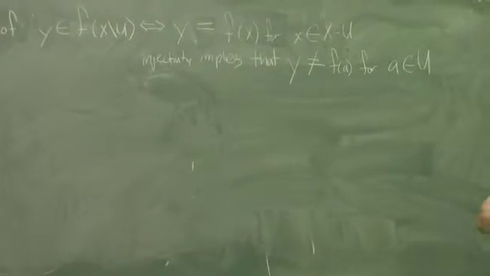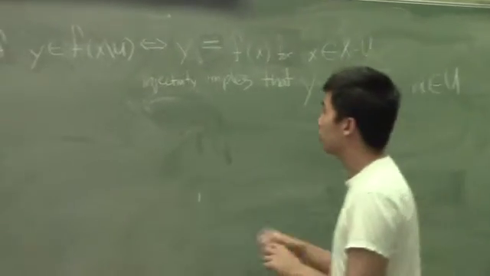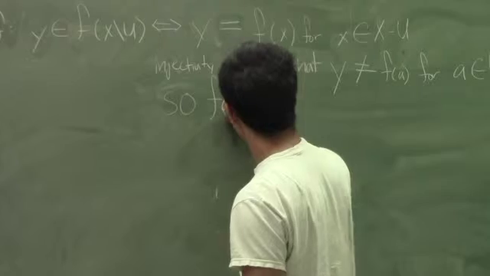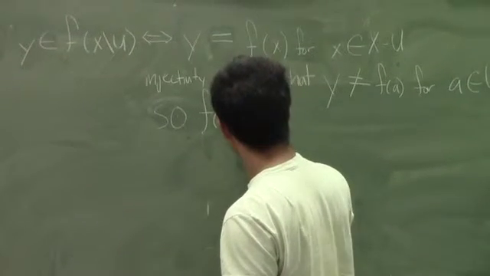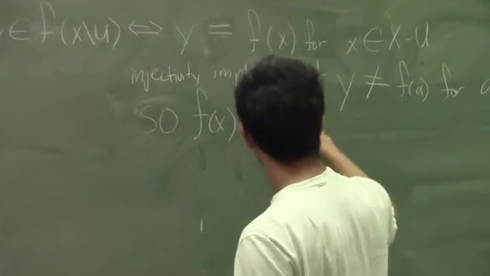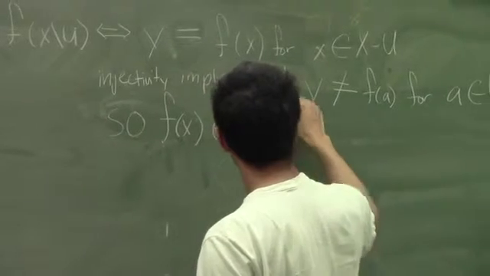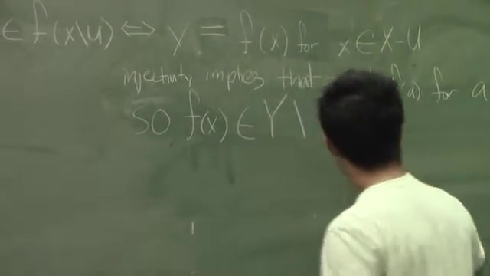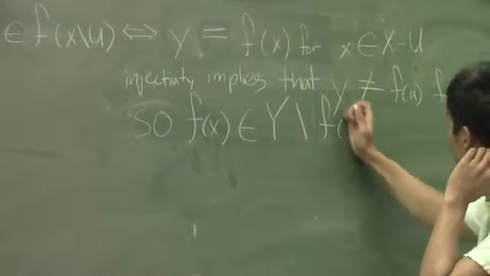So, f of x is an element in Y minus f of capital U.